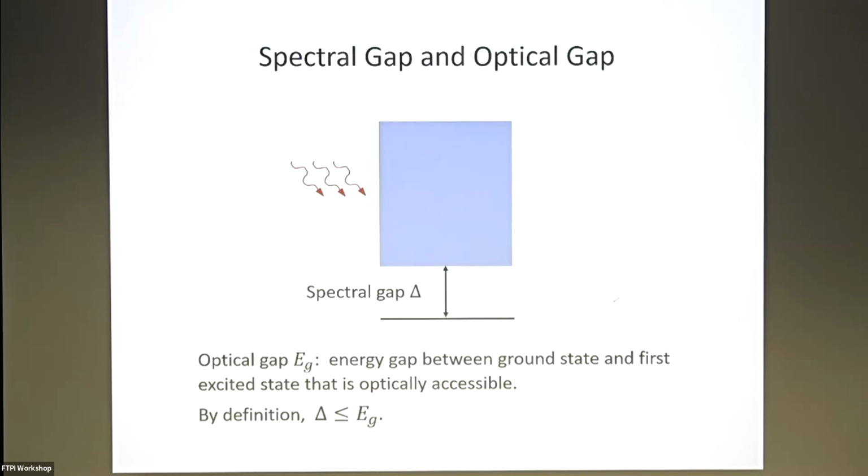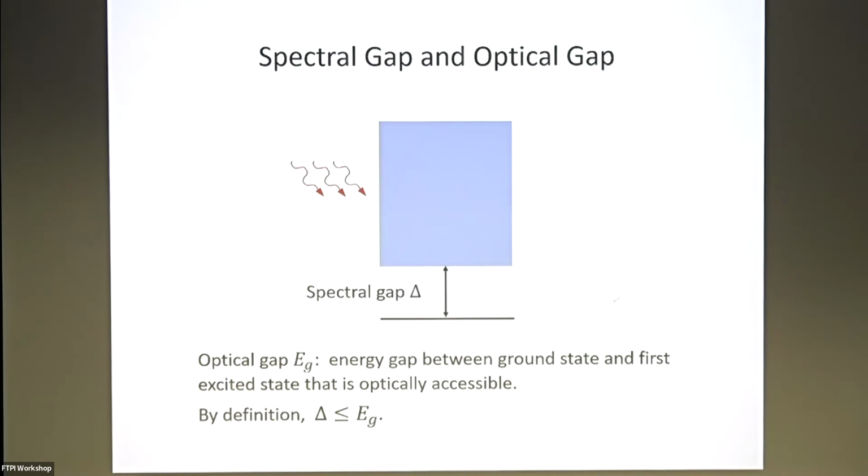So let me first define what I mean by the energy gap. The spectral gap is defined as the energy gap between the ground state and the first excited states in the energy spectrum. Now, when you shine light onto the solid, you can get optical absorption above a certain frequency, and that defines the optical gap, which is the energy gap between the ground state and the first excited state that is optically accessible, meaning that this excited state must have a finite matrix element with the ground state under optical illumination.